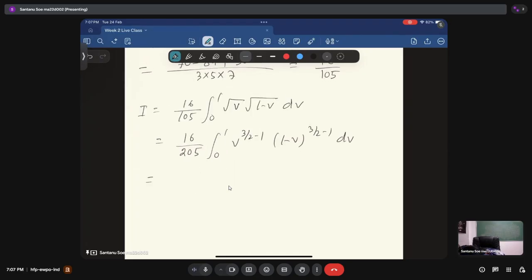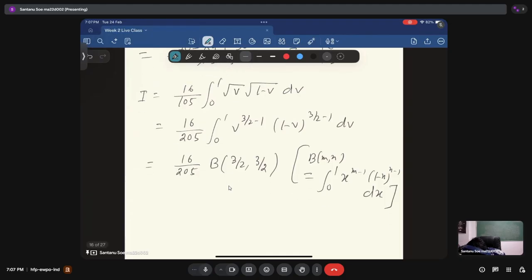So this is just 16 by 105 beta of 3/2 comma 3/2, because beta of m, n is integration 0 to 1 of x to the power m minus 1 into 1 minus x to the power n minus 1 dx, correct?